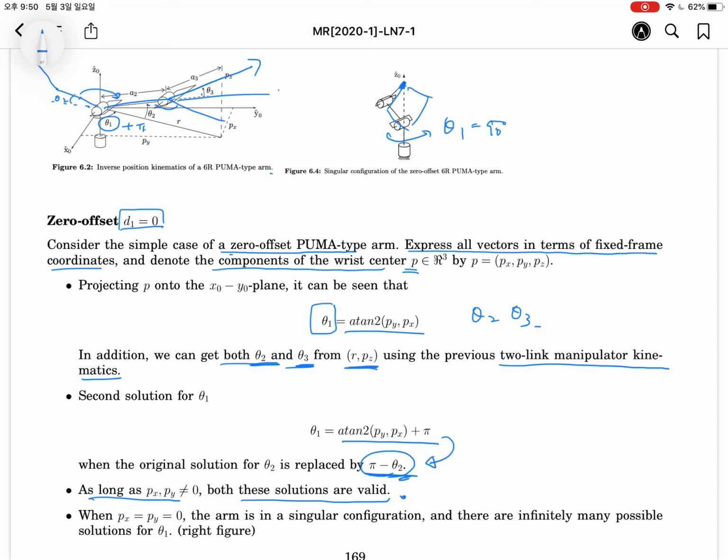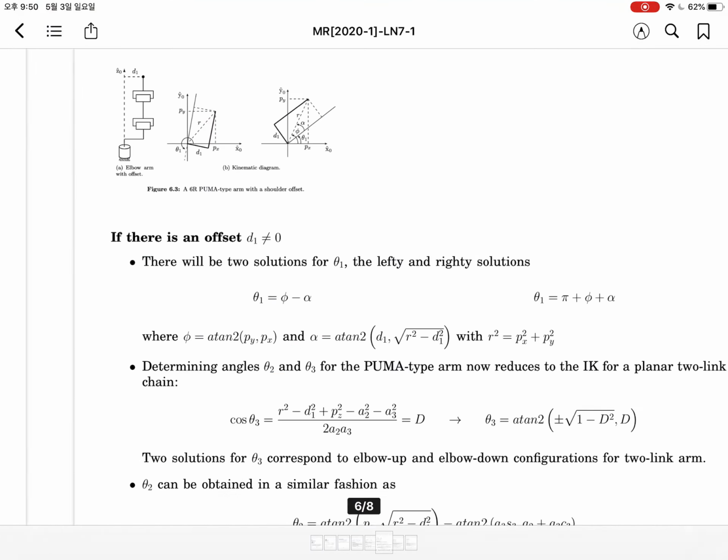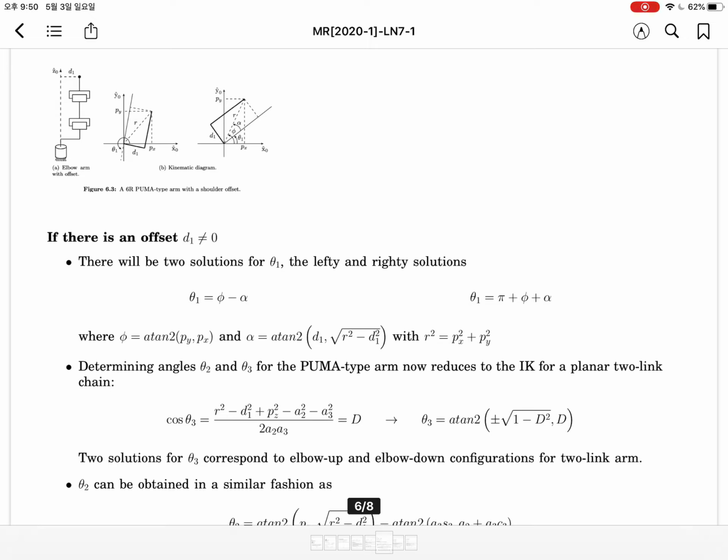Maybe you can assign theta 1 as 90 degrees. It's okay. We have the same posture from the viewpoint of the endpoint. So theta 1 can be determined as anything. This kind of configuration is called singular. Okay, there are infinitely many possible solutions for theta 1.